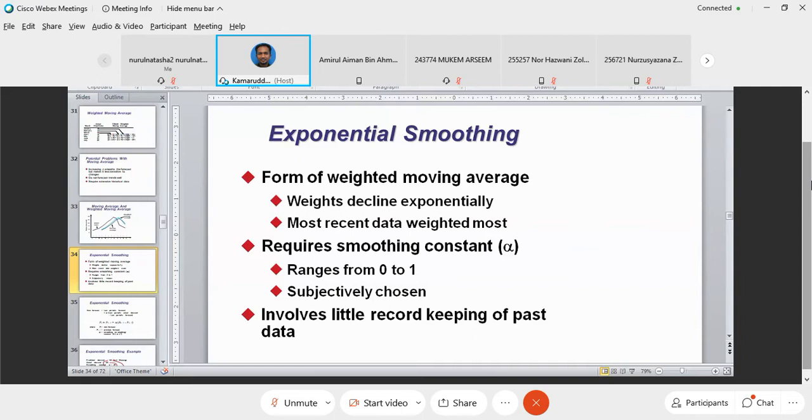Today we continue our discussion, still in the topic of forecasting. The next technique in time series analysis that we're going to discuss this morning is exponential smoothing.